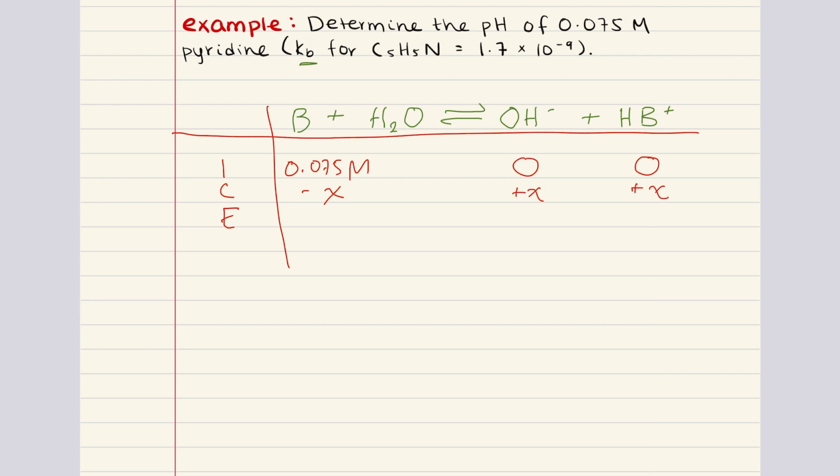So we're going to denote X as our variable of change. Then our equilibrium concentrations are just going to be initial concentration plus or minus change. For our weak base, that's going to be 0.075 minus X, for hydroxide ions, just X, and for our conjugate acid, also just X. Now, our second step is to plug the values from the equilibrium line of the ICE table into the equilibrium constant expression.